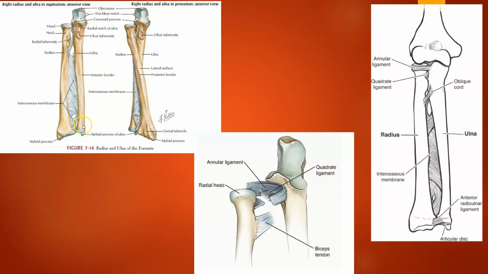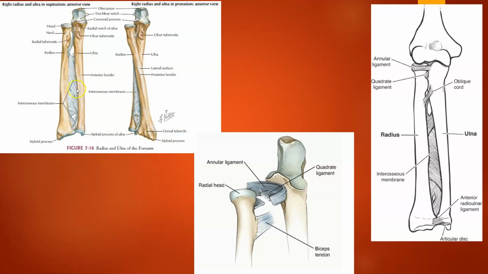You can see when we look at the head of the ulna here and the distal radioulnar joint, we can see in the anatomical position where the distal radius sits in relationship to the ulna, and then it spins around the head of the distal ulna to end up in the pronated position. Again, let's remember, the ulna doesn't move other than flexion and extension because of its articulation of the trochlea in the trochlear notch.